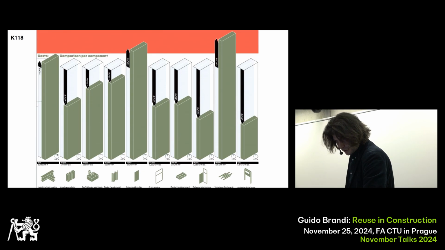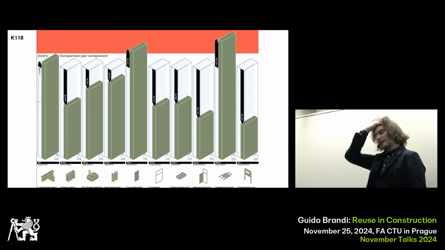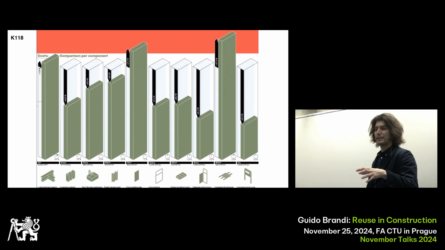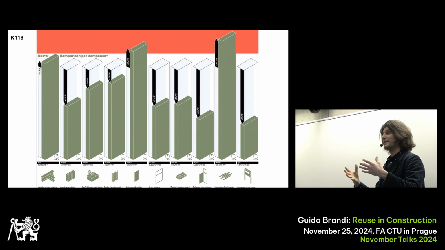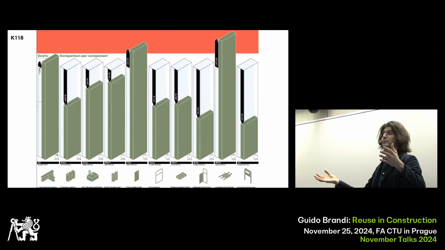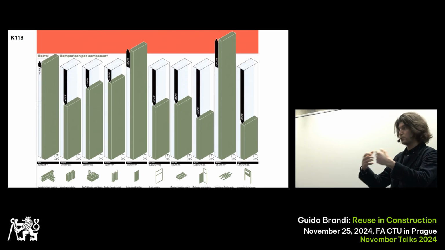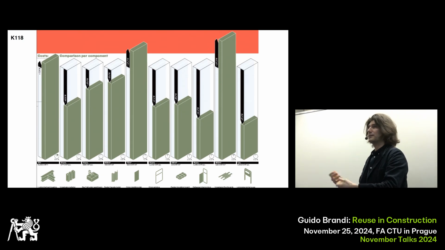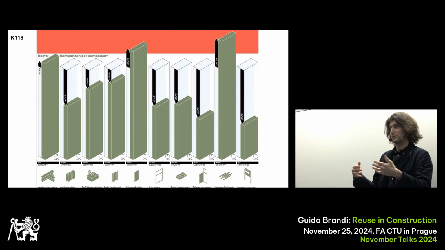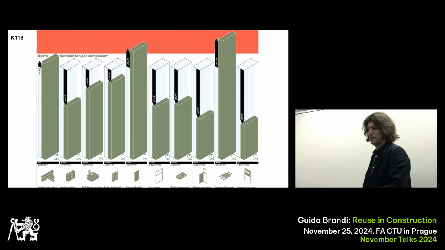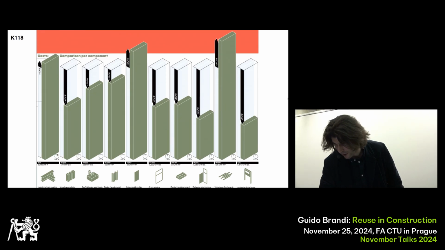Coming back to K118, maybe I show you this last graphic, because we also analyzed in the end: okay, you do everything with reuse, but what does it mean in terms of costs? Swiss francs, so money, but also gray emissions, so greenhouse gas emissions. And these are the costs.